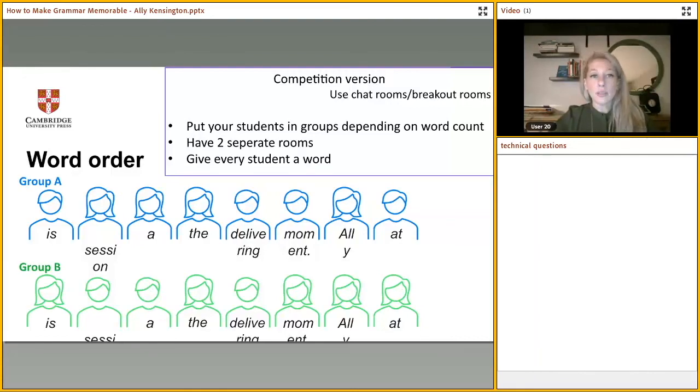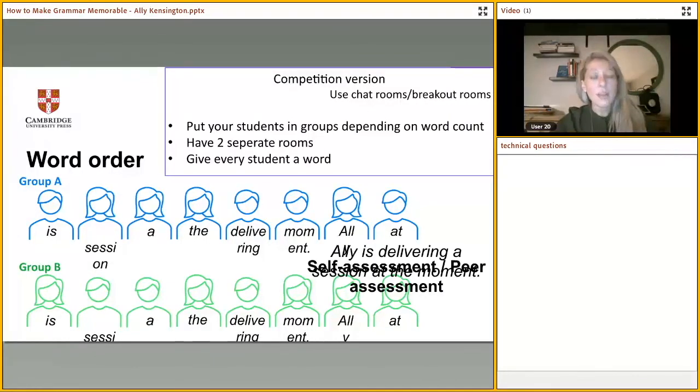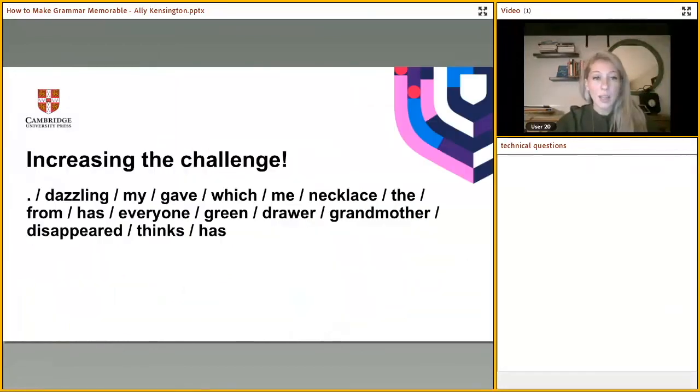Give every student a word and create the groups according to the number of students. And again, put them into chat rooms or breakout rooms. The first one who comes with the right answer will be the winner. And of course, the most important thing, self-assessment and peer assessment.